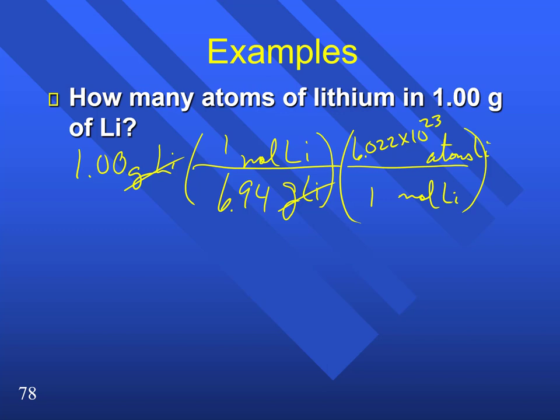And 1 divided by 6.94 times 6.022 EE23 equals 8.68 times 10 to the 22nd atoms. Ta-da!